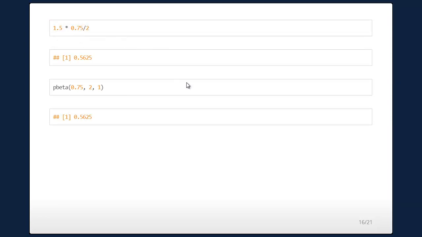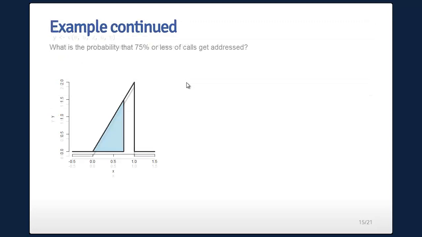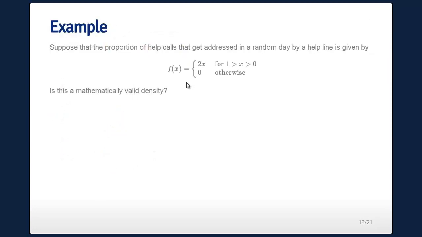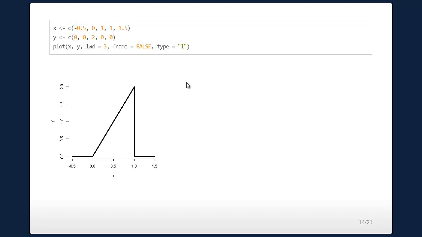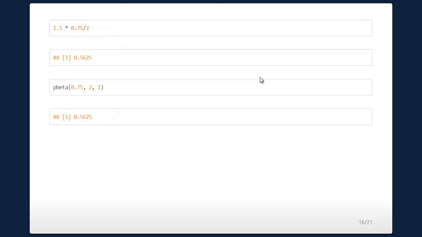Just to remind ourselves, the density itself is 2 times x. So this height right here at 0.75 is 1.5. So the area of the base is 0.75, divided by 2, then times the height at that point, 1.5, using our little triangle formula.